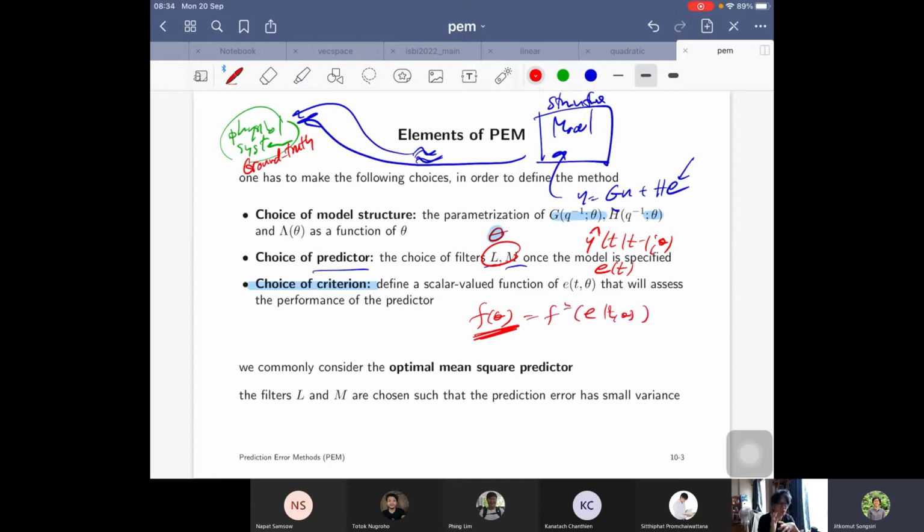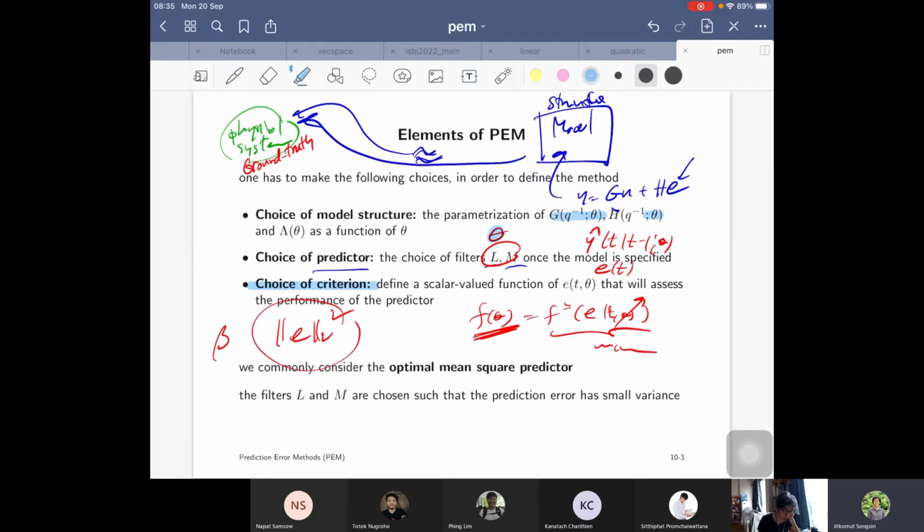You measure the size of error in some sense, like whether it's big or small, and you pick theta so that this thing is minimized. The term that we saw before in least squares is that you pick beta so that the error square is minimized. That is a form of criterion function.